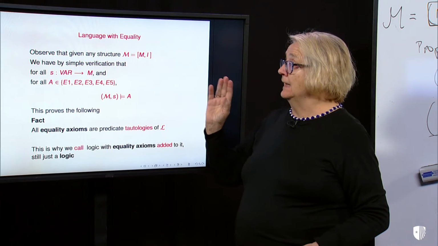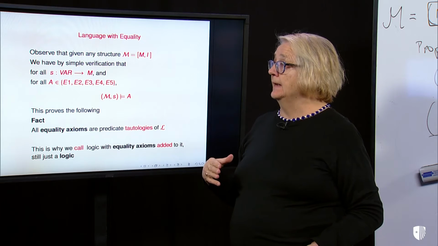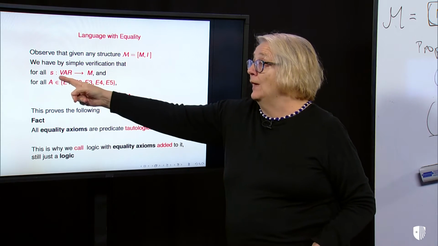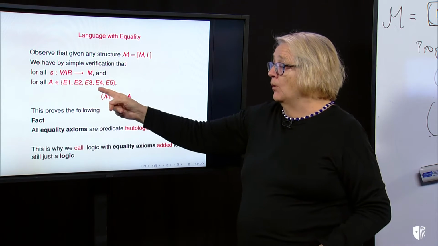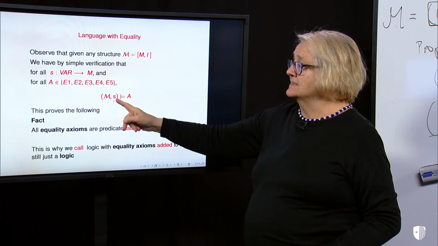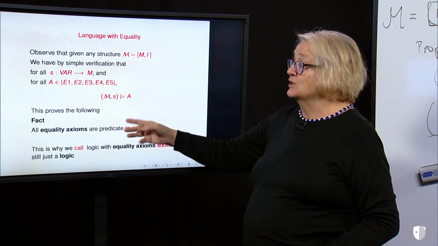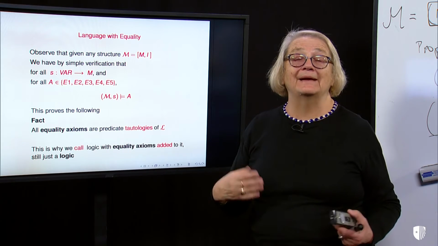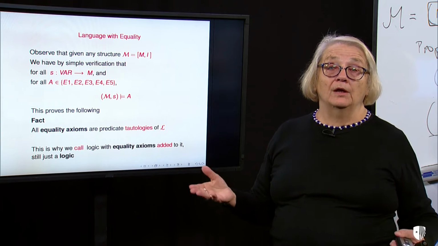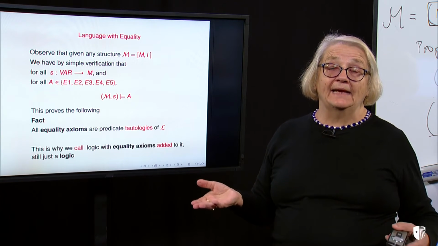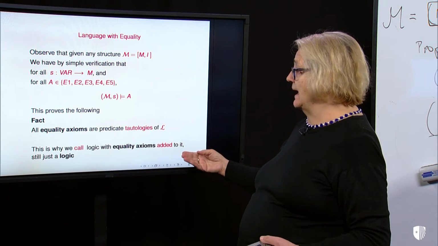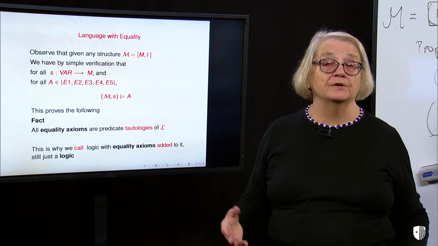You can see that for a given structure, by simple verification, for all S and for all formulas A which are equality axioms, M_S is a model for A. So equality axioms are predicate tautologies of L. That's why we call it logic with equality: we call a logic with equality axioms added just a logic.